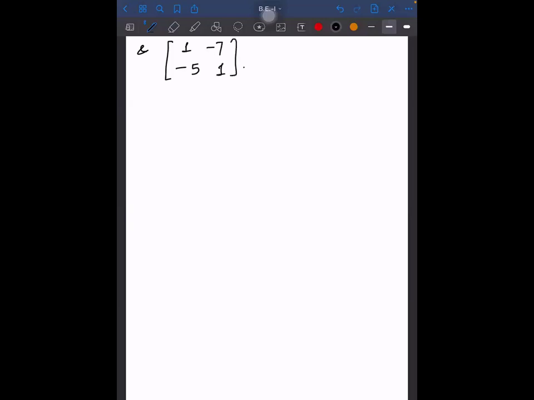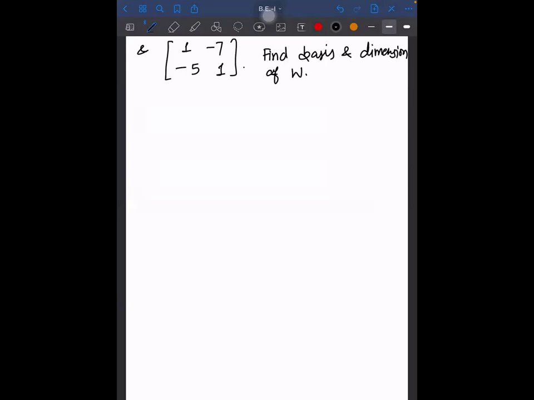Again, we need to find the basis and dimension of W.